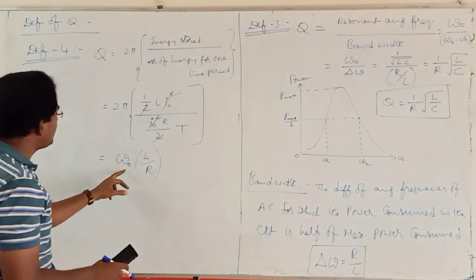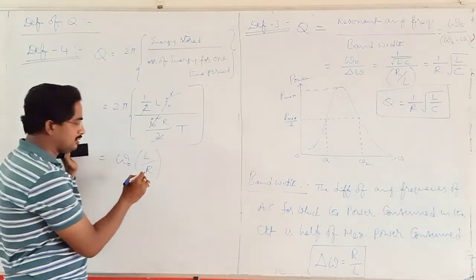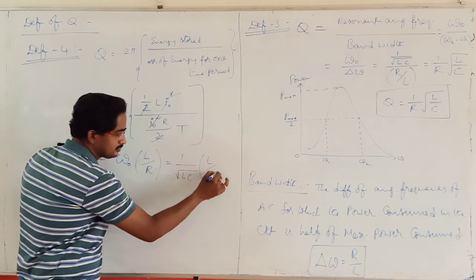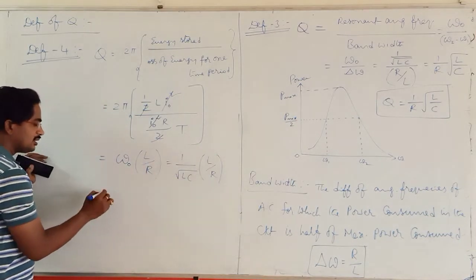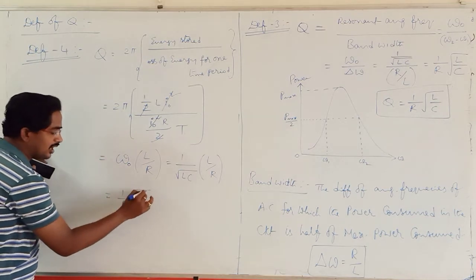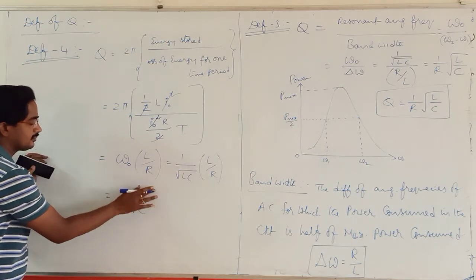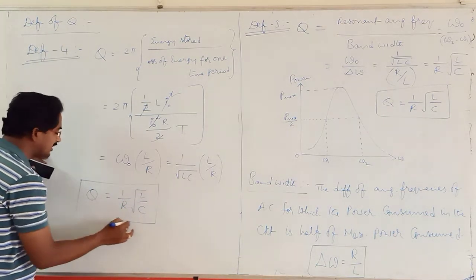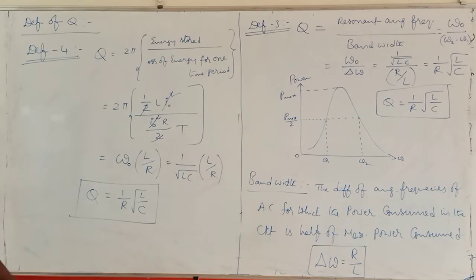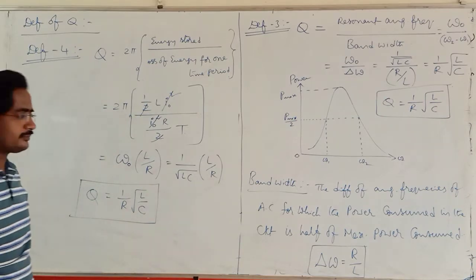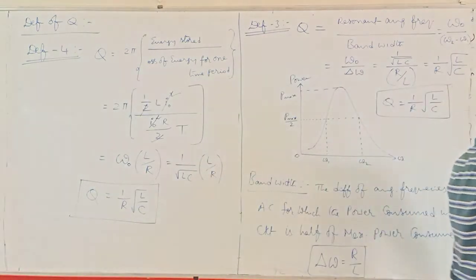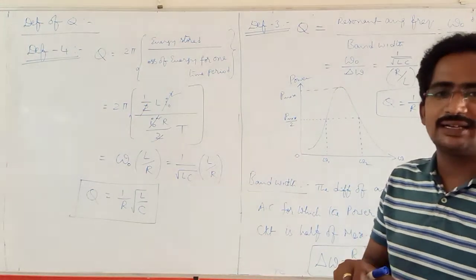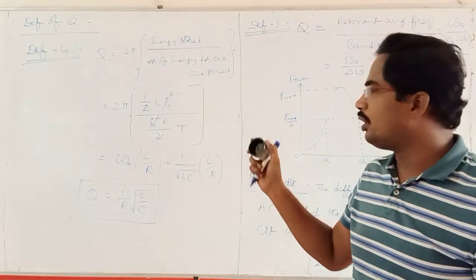So omega naught into L by R. What is omega naught? 1 by root LC into L by R. If you solve it, the answer is 1 by R root of L by C. This is the Q formula from the fourth definition. So with that, quality factor, its importance and definition are all over.